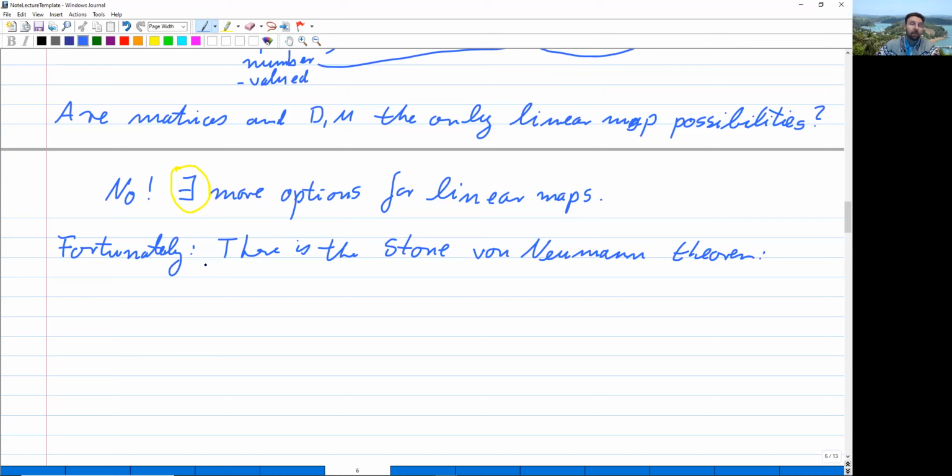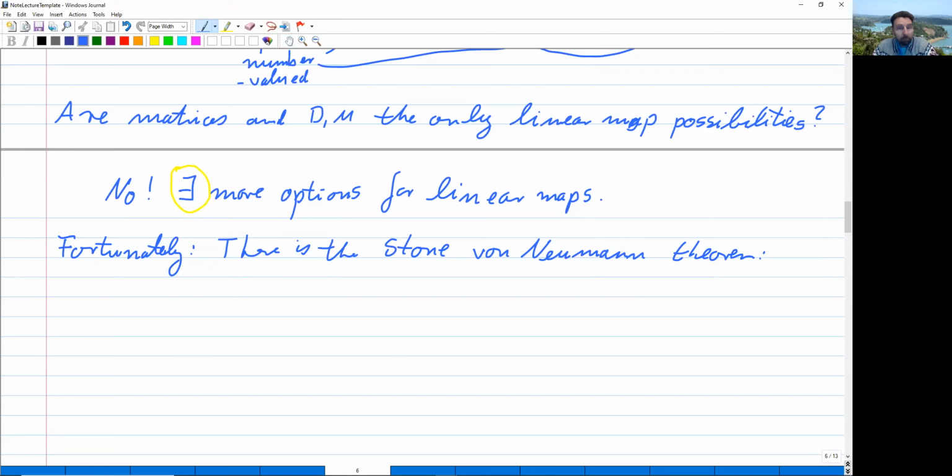And the Stone and von Neumann theorem, which we will cover in more detail later on, says all linear representations are ultimately the same. You can use any one you like. It's a matter of convenience.